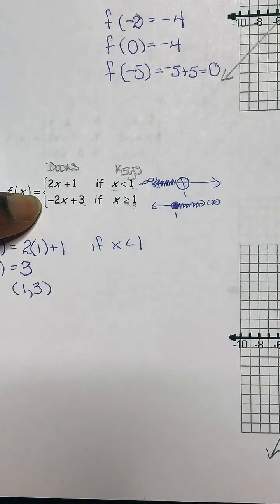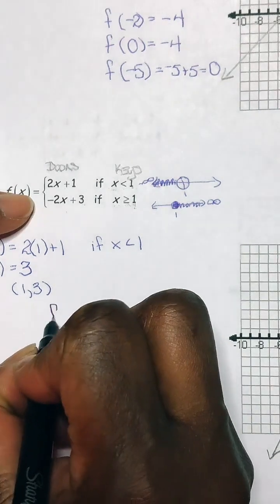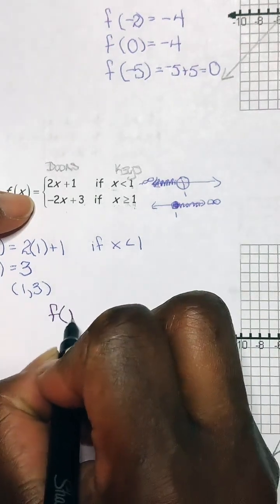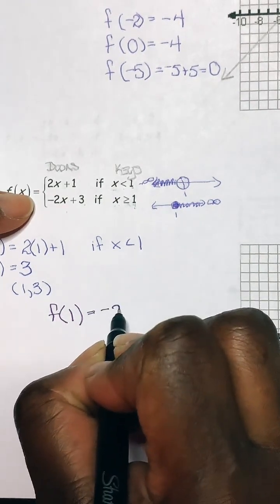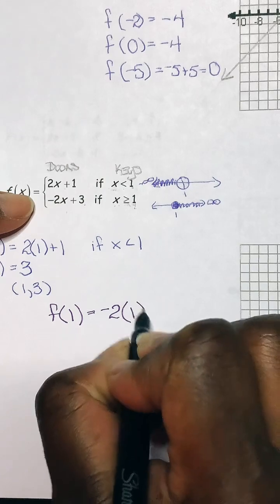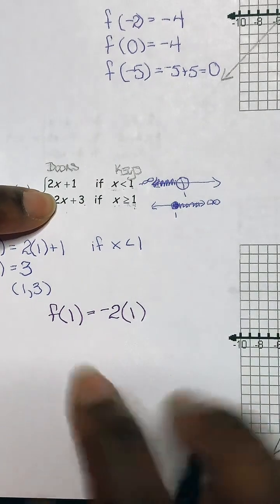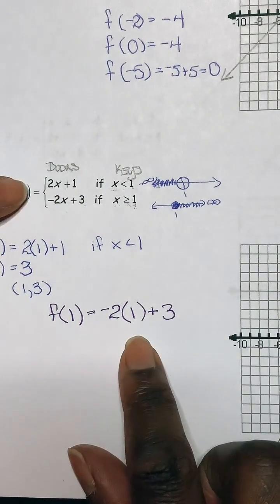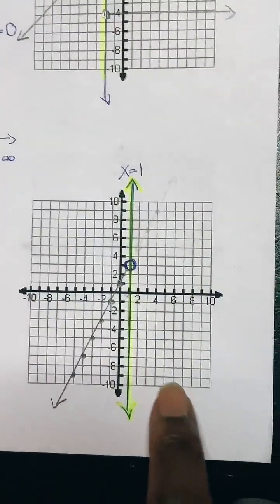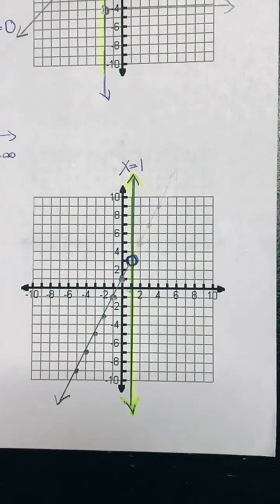We're simply going to take our f of 1 and plug the 1 in for the x in -2x plus 3. We want to find that point that's on this boundary line.